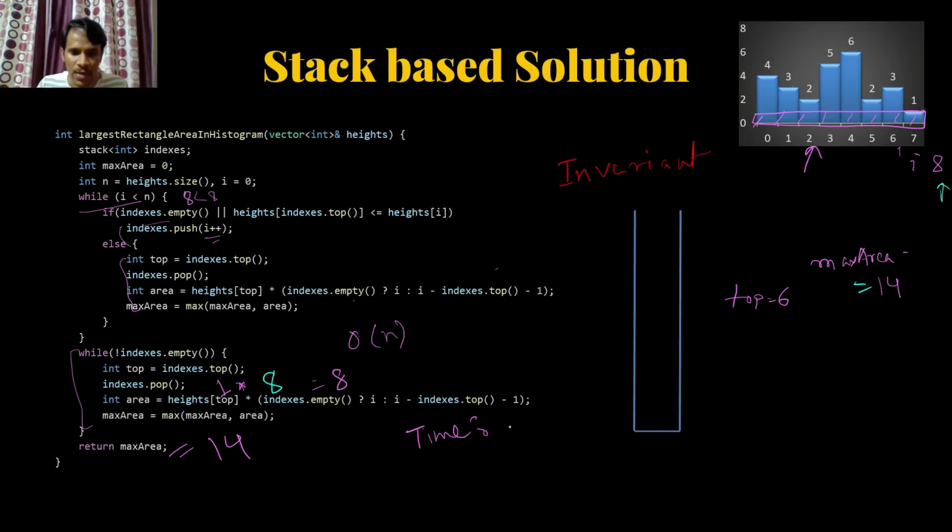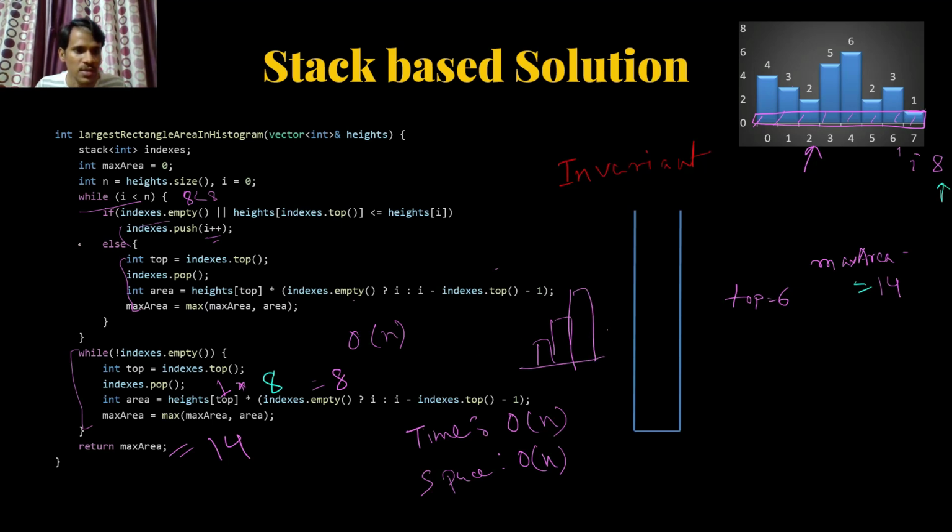Okay, so the time complexity is order of n. So what is the space complexity? The space complexity is also order of n, because we can have a case where the bars are in increasing order, right? In which case we will keep inserting the bars. This while loop will keep inserting the bars. So the space complexity is also order of n. Okay.